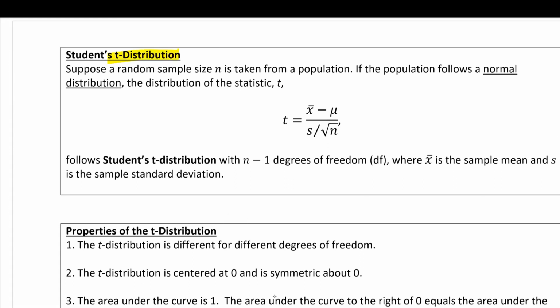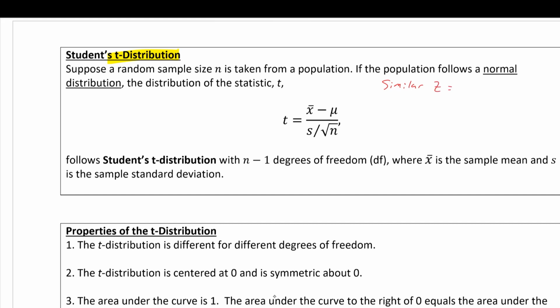Suppose a random sample of size n is taken from a population. If the population follows a normal distribution, the distribution of the statistic is t. Okay. Now, this might look a little familiar to you because it's similar to z.